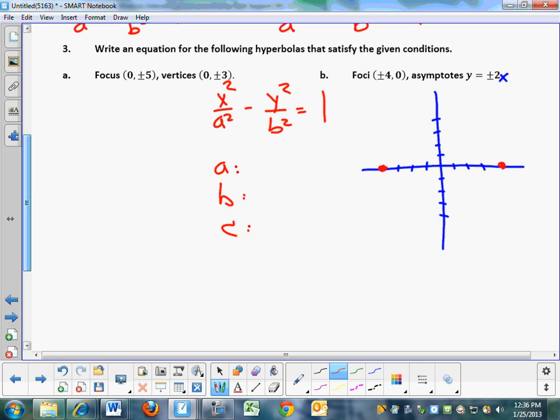A, B, and C. What's A? 4. Whoop, I'm sorry. We don't know A. What's C? 4. Okay. Now this is the more challenging portion. How do I figure out what the asymptotes have in regard to the relationship of A and B?